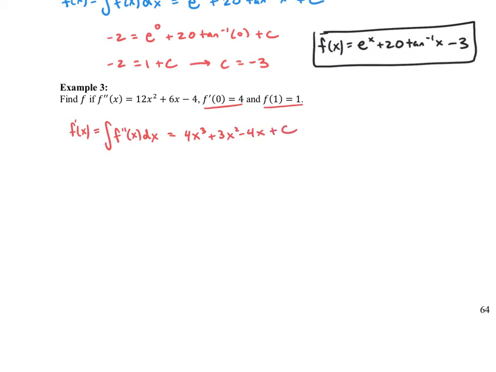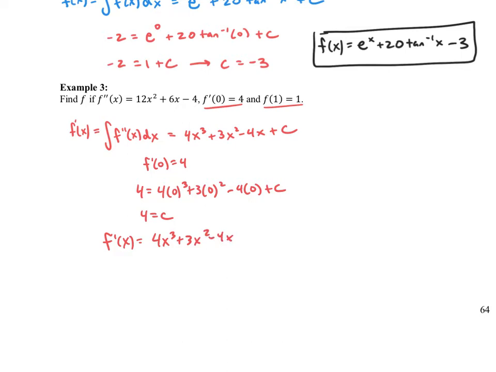And then we're going to use our condition, which is that the derivative of 0 is equal to 4. So we have 4 equals 4 times 0 cubed plus 3 times 0 squared minus 4 times 0 plus c. So c is 4, which gives us a derivative of 4x cubed plus 3x squared minus 4x plus 4.